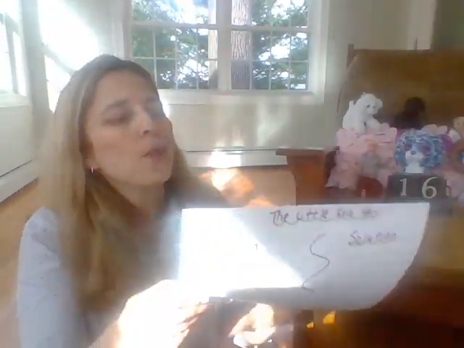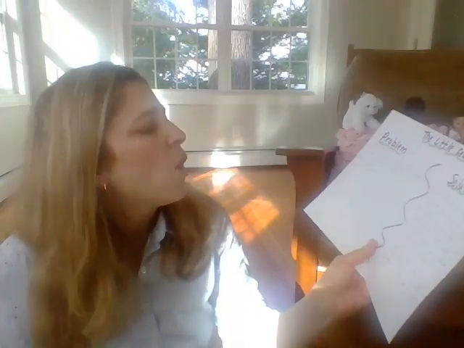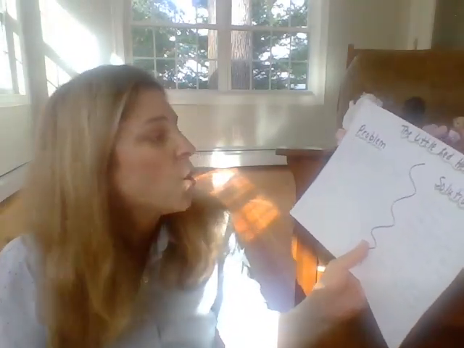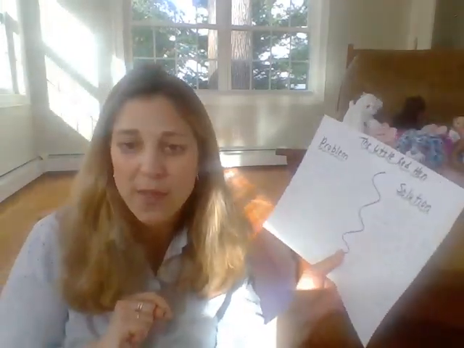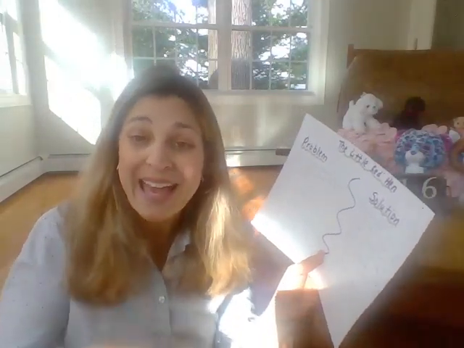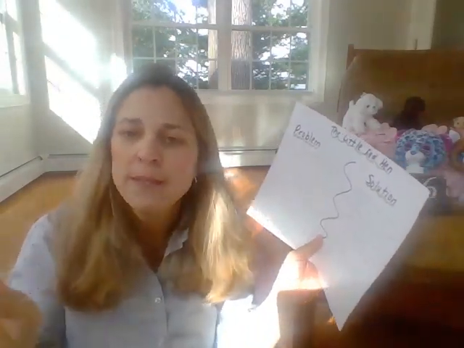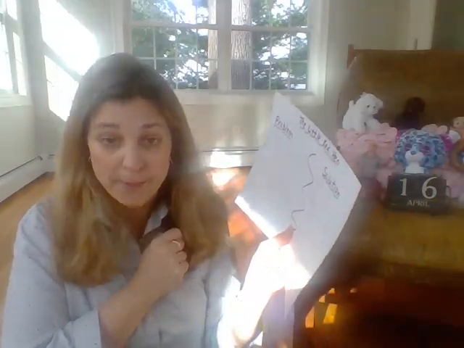All right, so the problem, let's start with the Little Red Hen, okay? The problem in the Little Red Hen was that Little Red Hen's friends would not help tend to the wheat, okay? There was a lot of steps involved in order to get that wheat to flour, and they did not help with one step along the way, okay?